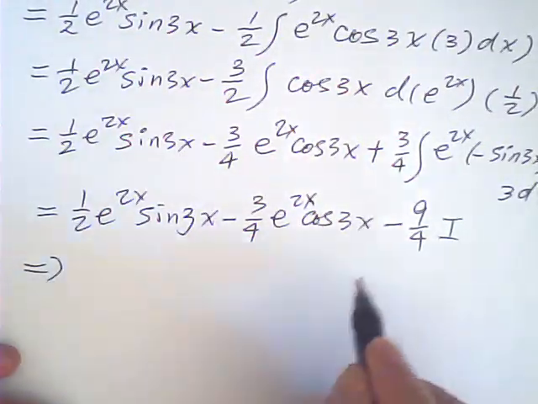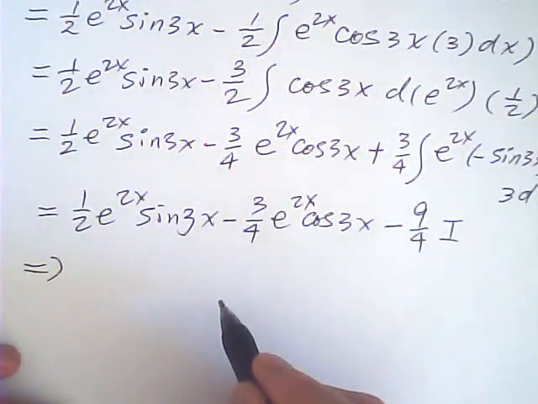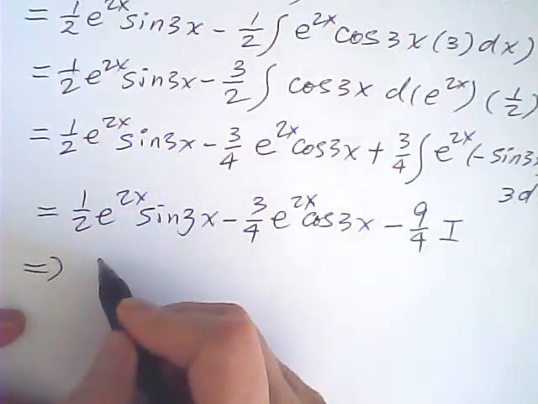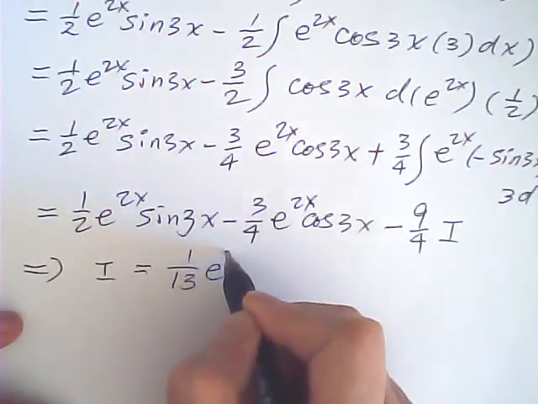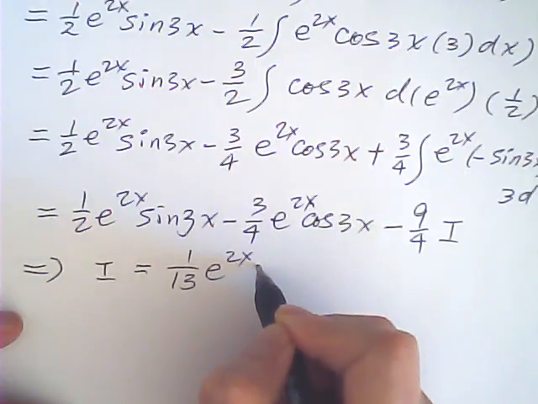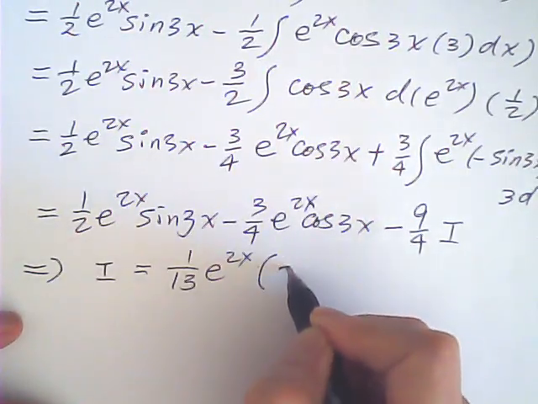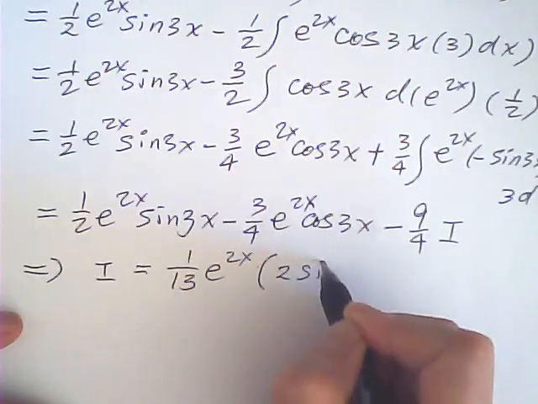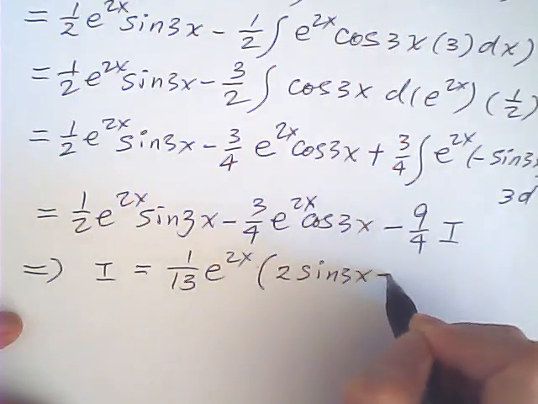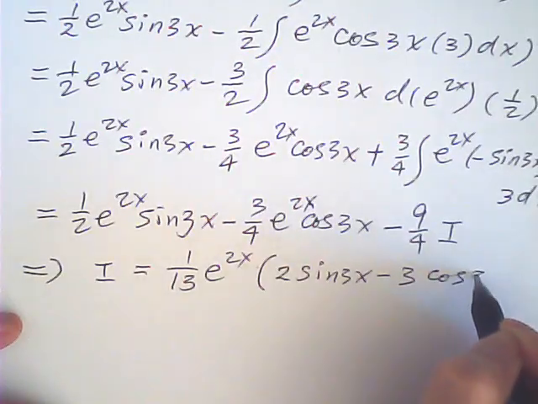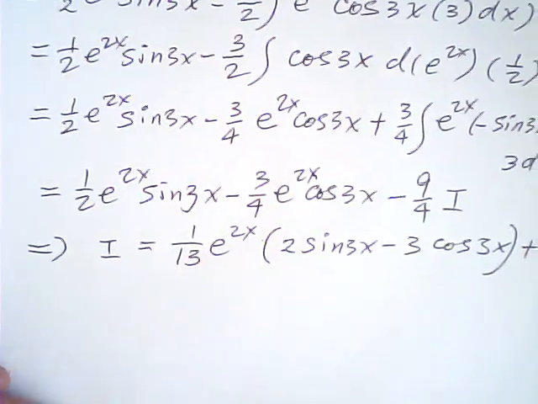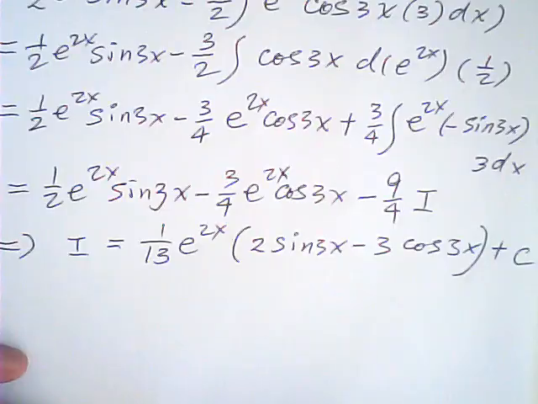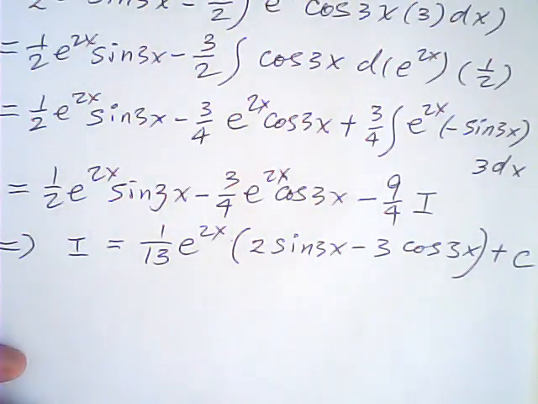So I move it over there. Then I get I is equal to 1/13 e to the 2x times 2 sine 3x minus 3 cosine 3x. Okay, that is the first method. It's nothing difficult, everything is straightforward.